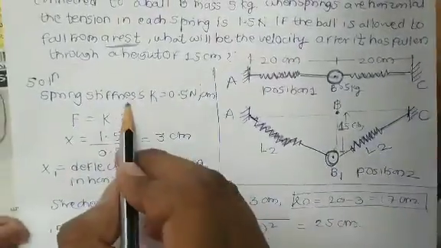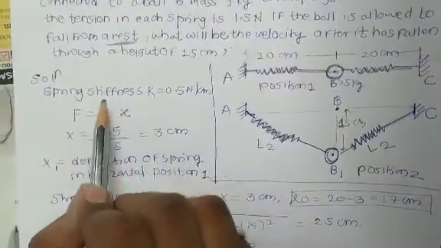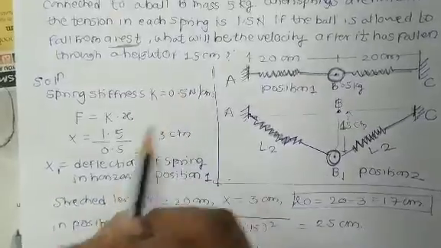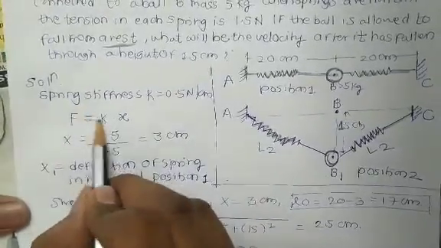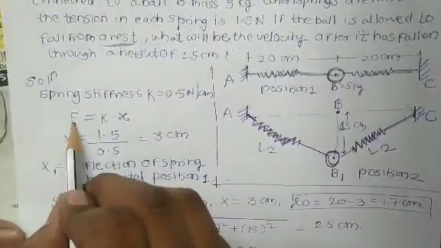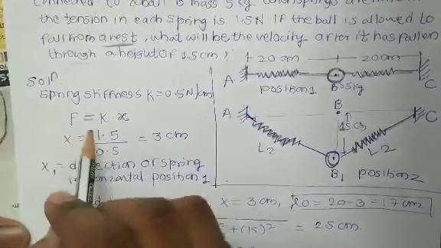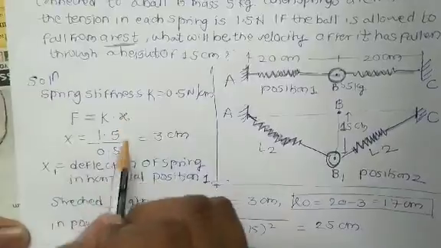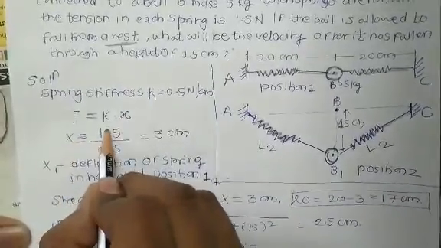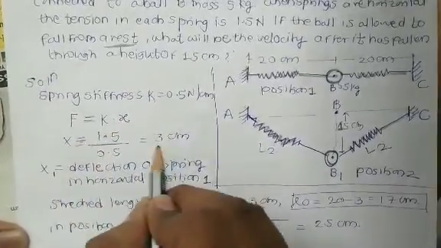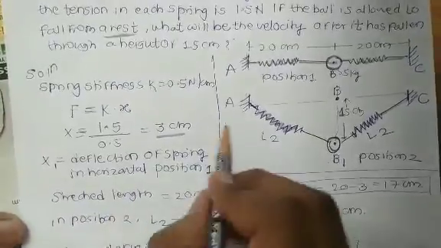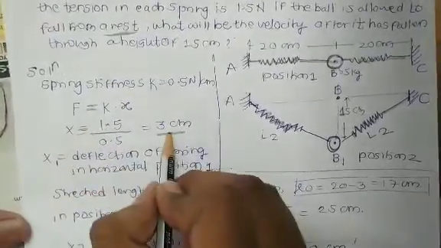Now let's analyze the given data. The spring stiffness is given, K is equal to 0.5. We know F is equal to K into X, that is, stiffness is equal to force upon displacement. So X is equal to force divided by spring stiffness, and that gives the deflection equal to 3 centimeter.